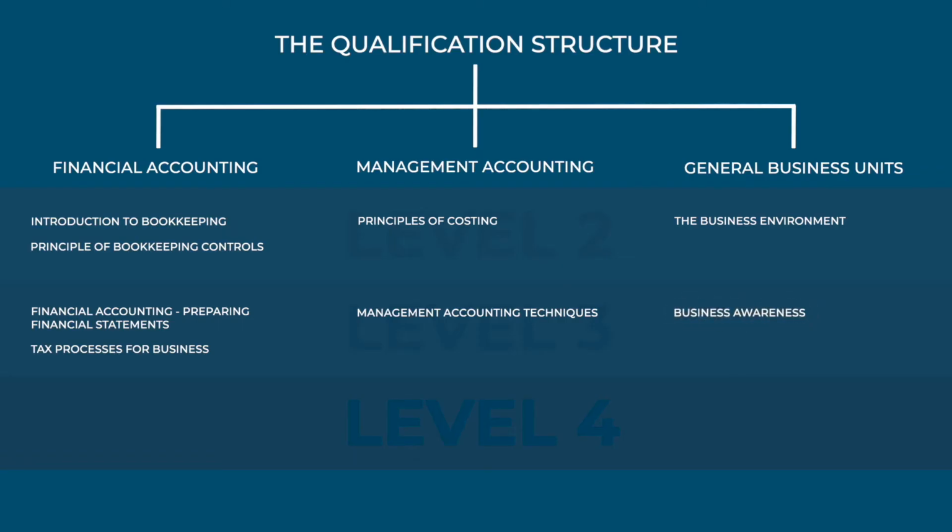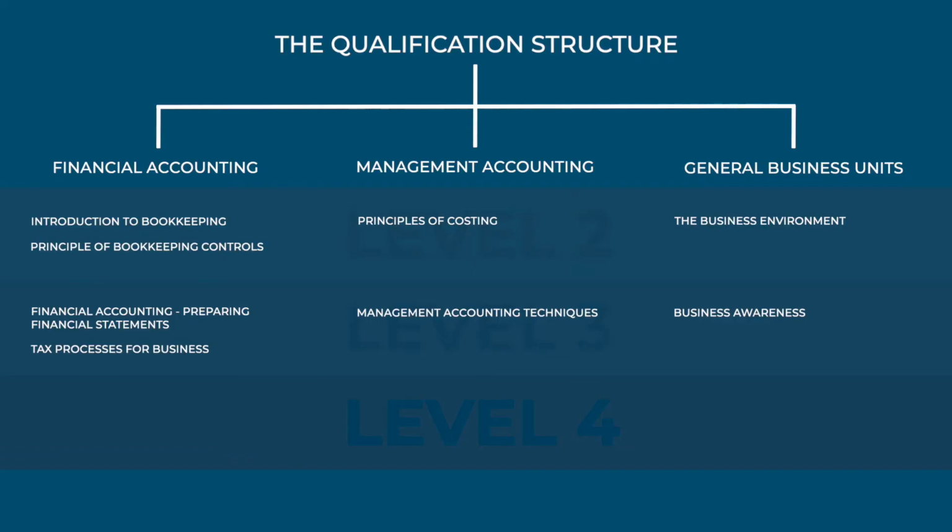Finally, we've got Business Awareness. Now, this does build from the Business Environment unit. However, this is a standalone assessment as we only have a synoptic exam at Level 2 under the new qualification structure. On to Level 4, and the financial strand follows through to Drafting and Interpreting Financial Statements.